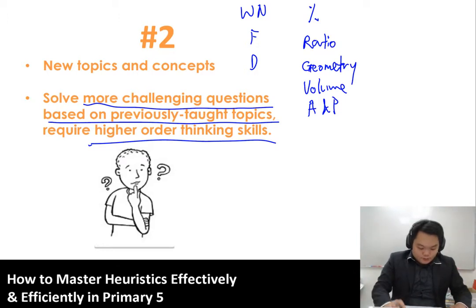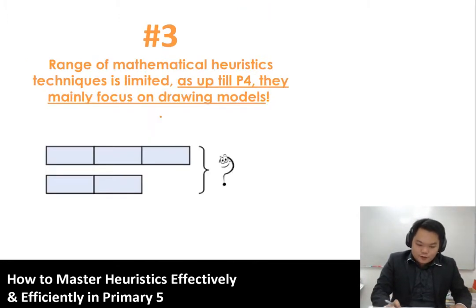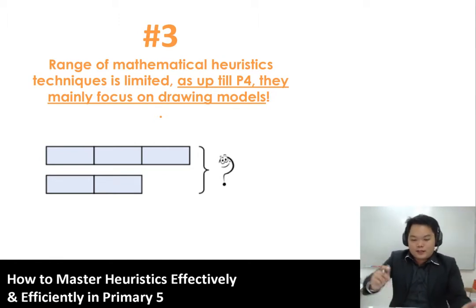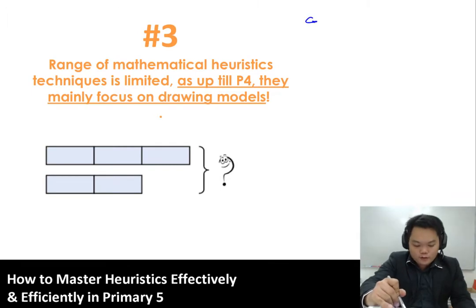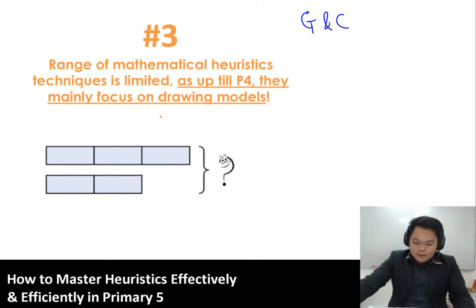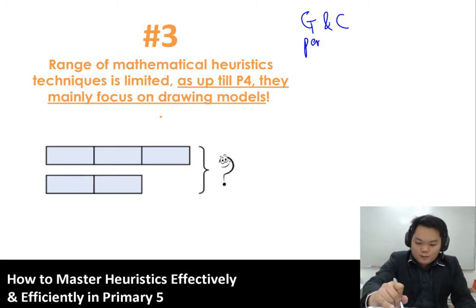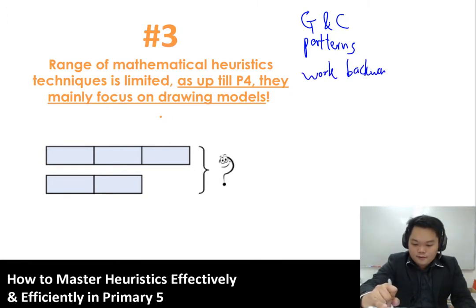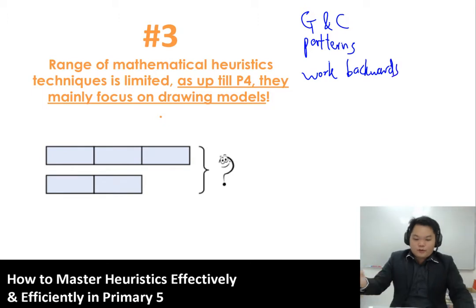And now reason number 3 is the range of mathematical heuristics. Up to P4, the exposure is quite limited. They will cover things like guess and check, and usually this only involves 2 items at most. Patterns, working backwards, and so on.